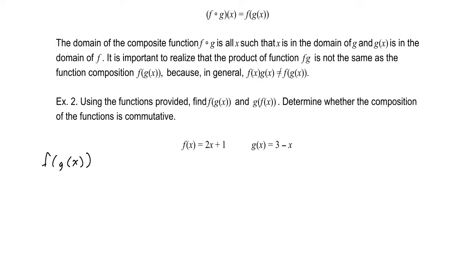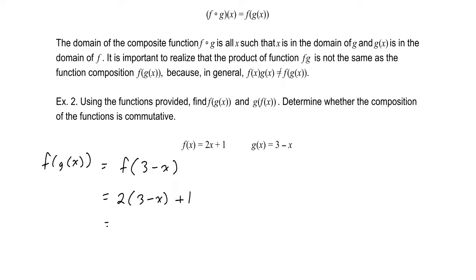for that, we will first write out what g of x is. So f of, and then g of x is 3 minus x. So the way this will work is, just like with function notation, everywhere that we have an x in the function f of x, we'll replace that with 3 minus x. So this is 2 times (3 minus x) plus 1.